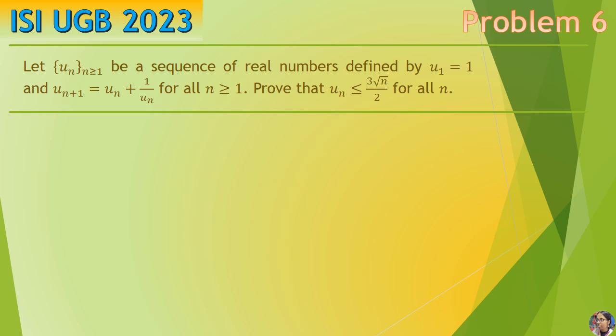What is the problem? Let un be a sequence of real numbers defined by u1 equal to 1 and un plus 1 equal to un plus 1 upon un for all n greater equal to 1. Prove that un less equal to 3 square root of n upon 2 for all n.